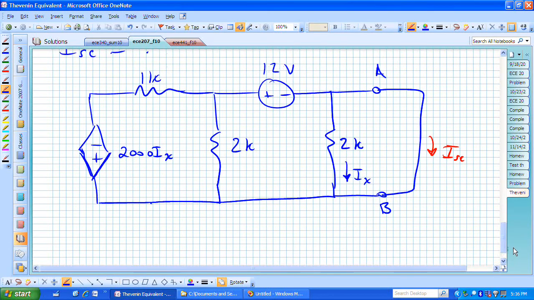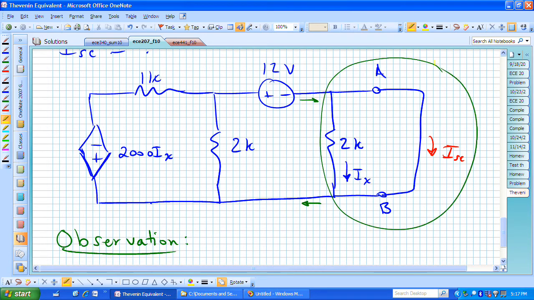In this particular circuit, hopefully you can now see that some things are going to cancel or be removed. If I had a current going in here, or that same current coming out there, since you could think of this as just being a big node, that's the same current.